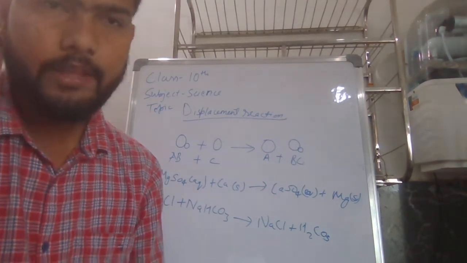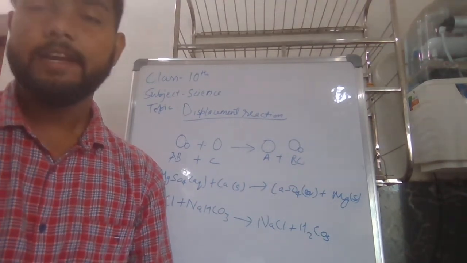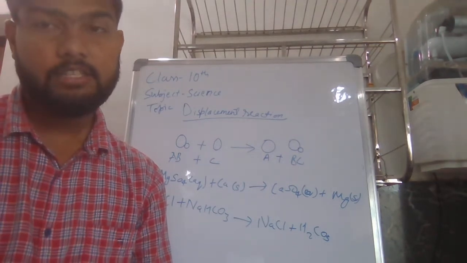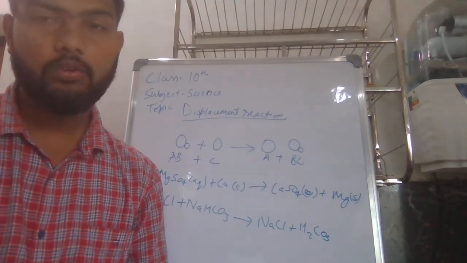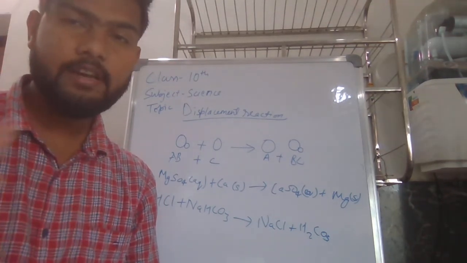So here I will make you understand what a single displacement reaction is. It is a reaction in which one element is substituted for another element in a compound. For example, the reaction of iron nail with copper sulfate solution.